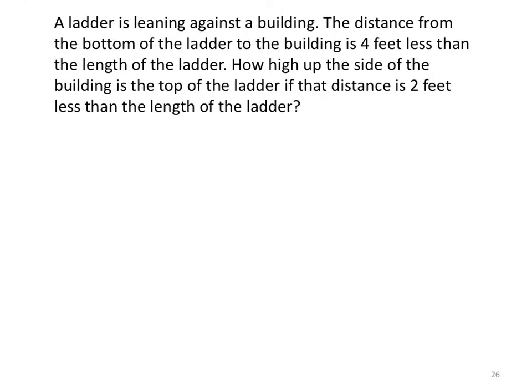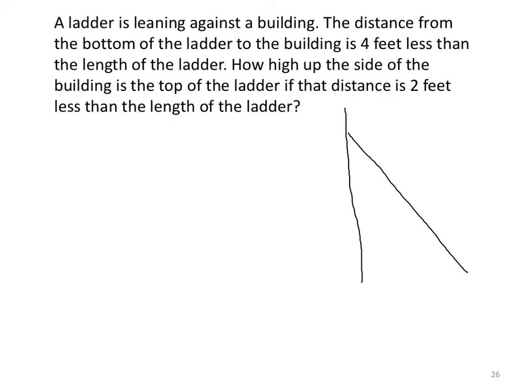Here we have the classic ladder problem. So we have a wall and we have a ladder leaning against it. And what we know about this ladder is that the distance from the bottom of the building to the ladder is 4 feet less than the length of the ladder.